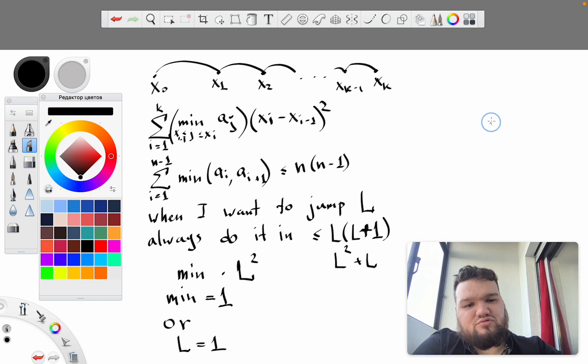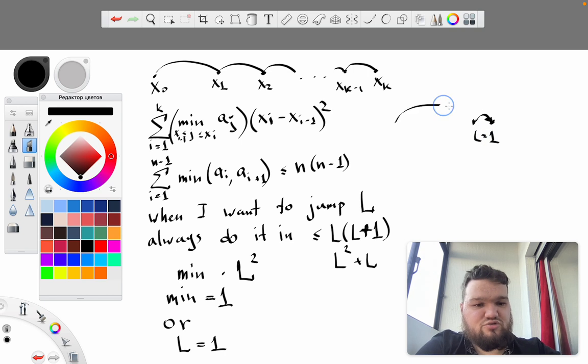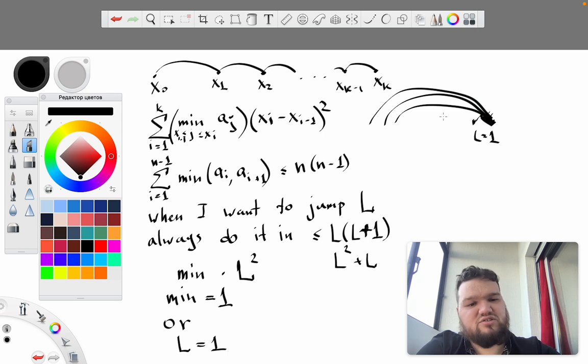Okay, so when we are doing this DP, if I want to jump to this point, what should I consider? Well, I should consider the jump of length 1. And also I should consider the jumps that have minimum equal to 1.